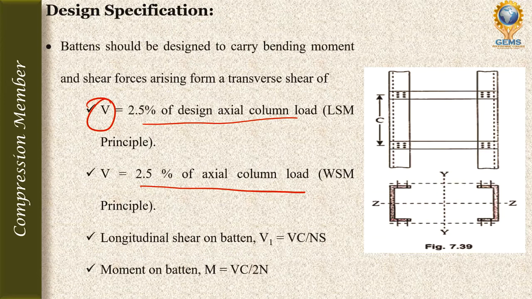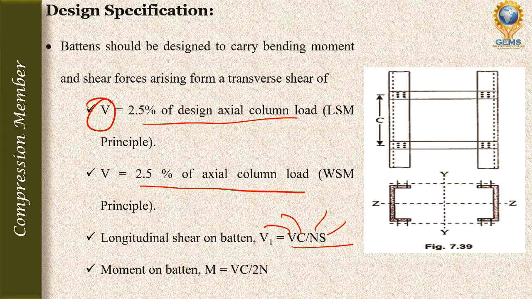So what is the longitudinal shear force on batten? V1 is Vc by NS. V is the transverse shear force, C is the spacing of batten, N is the number of parallel plates of batten, and S is the transverse distance between centroid of bolt group or rivet group. From that we can find the longitudinal shear.